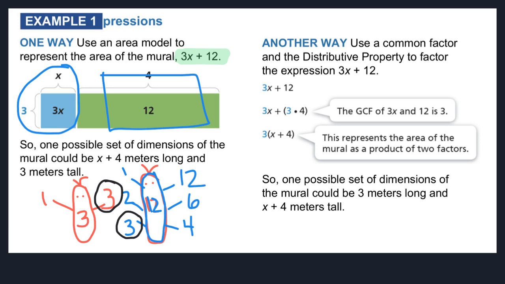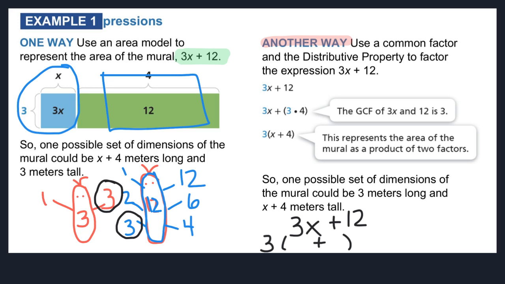So over here, we happen to have another way, and that's to use the greatest common factor to help us use the distributive property backwards. If I have my expression 3x plus 12, and I pull out the biggest common factor, that leg on both bugs, I pull out a 3, that's going to leave something plus something in the middle.